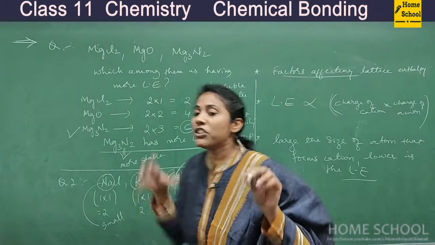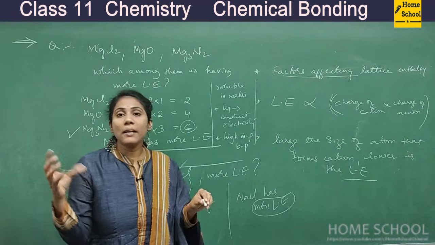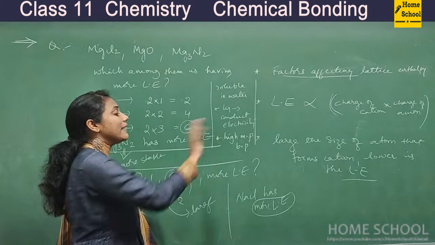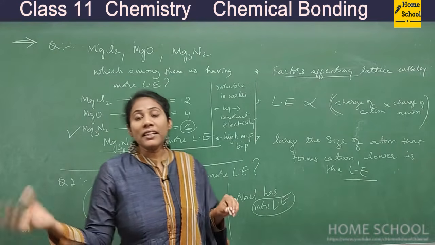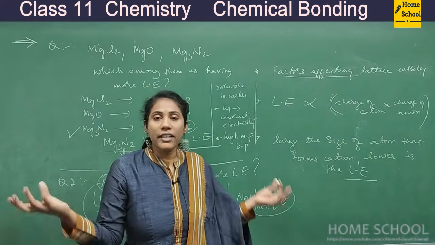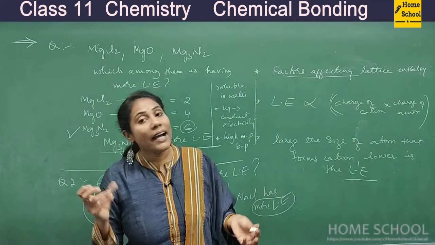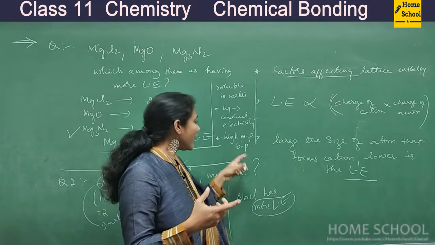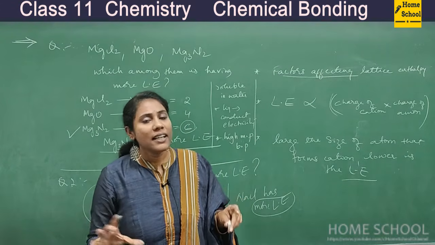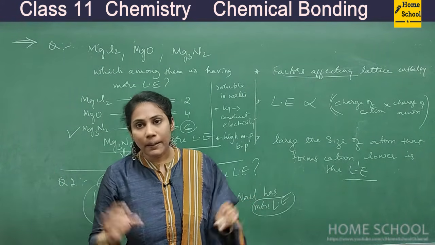Any compound which has more lattice enthalpy will have a high melting and boiling point. So generally ionic compounds have more lattice enthalpies, so in general, ionic compounds have high melting and boiling points. These are some properties of ionic compounds.